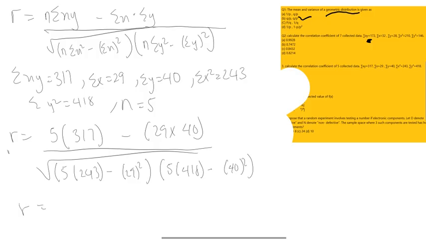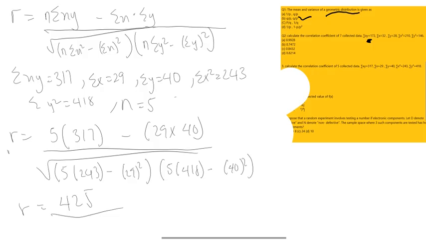So we have r is equal to, let me punch my calculator. So we have 5 times 317 minus 29 times 40, that gives us 425. Everything over. We have 5 times 243 minus 29 squared.